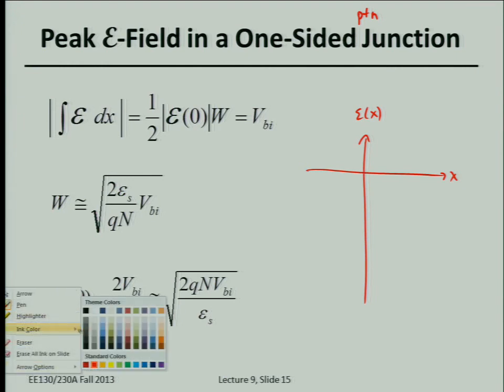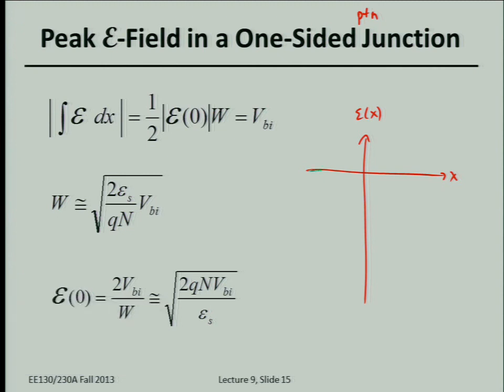So let's change color here. It's going to look, okay, I guess this might be a little exaggerated, but basically minus x_p is close to 0 on the same linear scale. So here's the electric field at x equals 0.